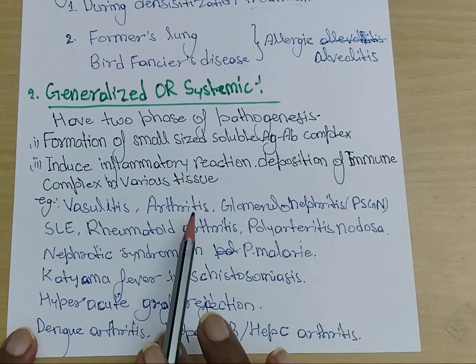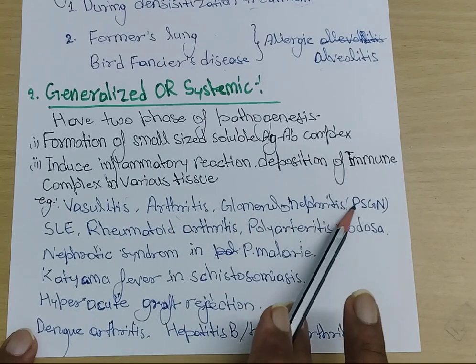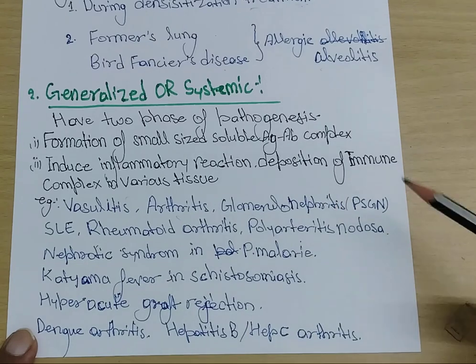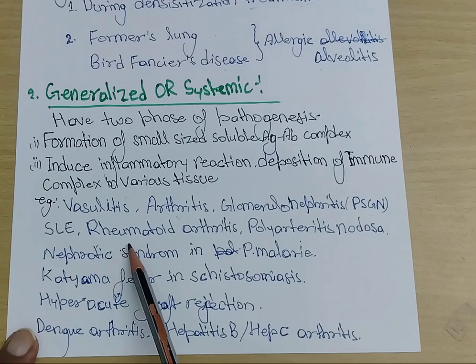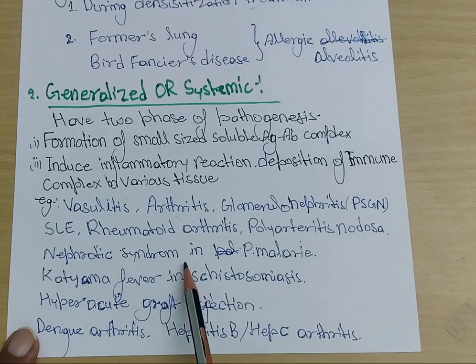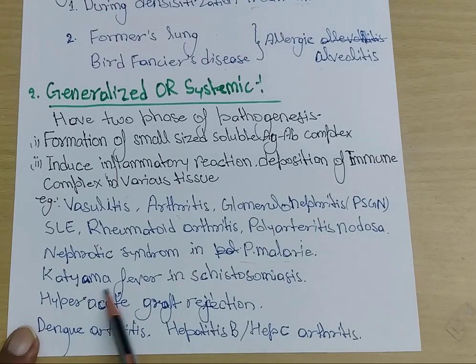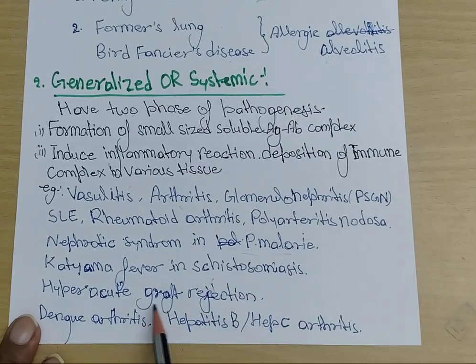Examples: vasculitis, arthritis, glomerulonephritis as seen in post-streptococcal glomerulonephritis, SLE, rheumatoid arthritis, polyarteritis nodosa, nephrotic syndrome in Plasmodium malariae, Katayama fever in schistosomiasis, hyperacute graft rejection, dengue arthritis, and hepatitis B or hepatitis C arthritis.